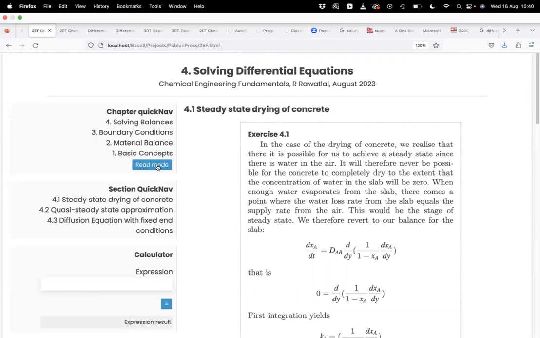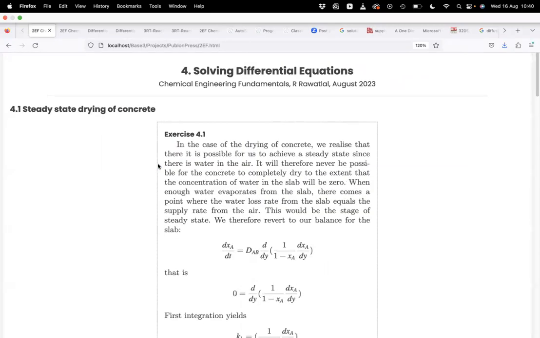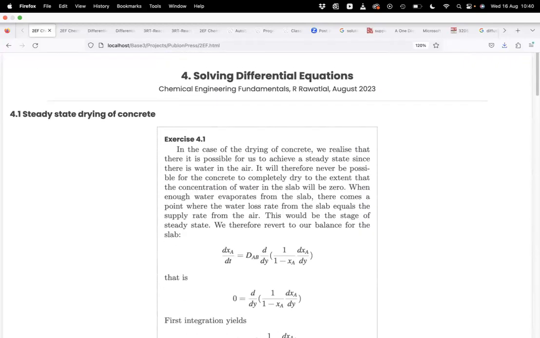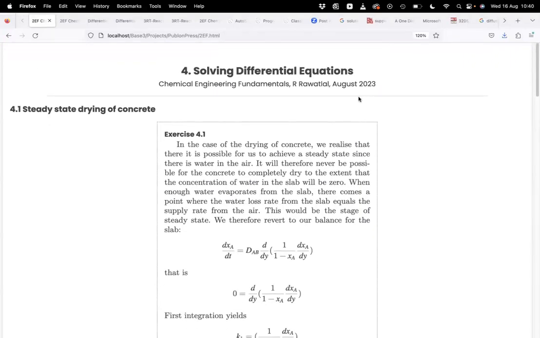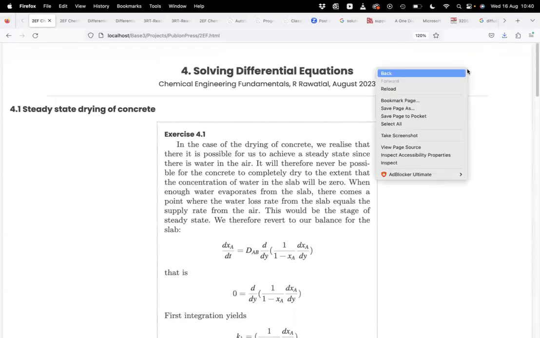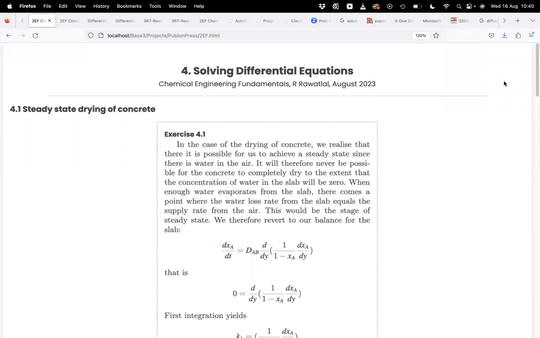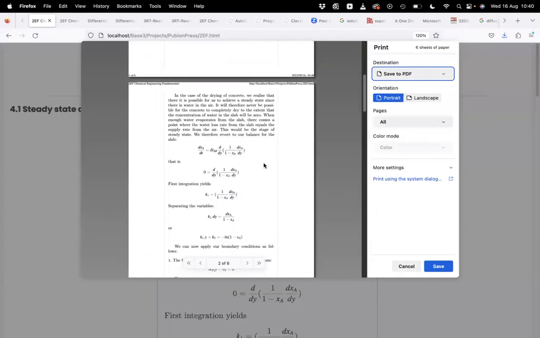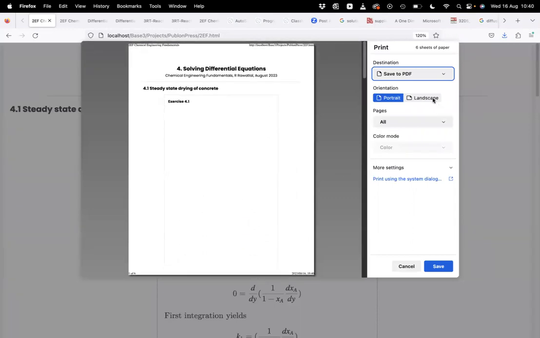So remember, if you want to do it, you click read mode, then that will render everything in one view. And then you print this, just that on this Apple device, it takes me a bit more work. It's a little harder to do basic things. Okay, save to PDFs.